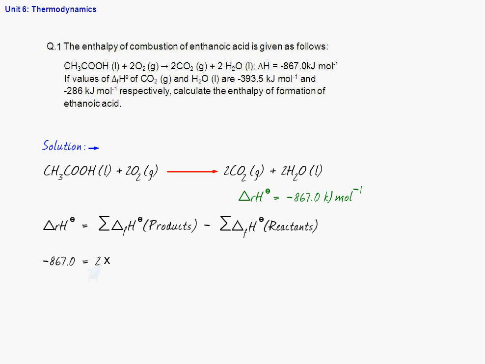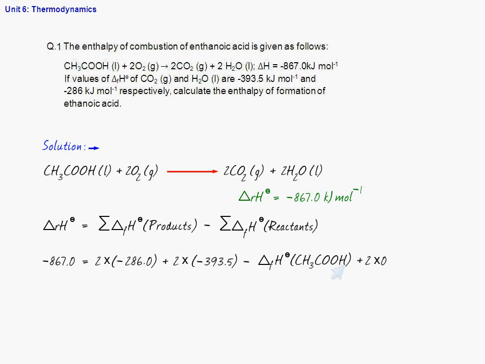Now the values are given, so you just substitute the values. So minus 867.0 is equal to 2 into minus 286.0 plus 2 into minus 393.5 minus delta fH naught, the standard enthalpy of formation of acetic acid, plus 2 into 0, because the enthalpy of formation of oxygen is 0.